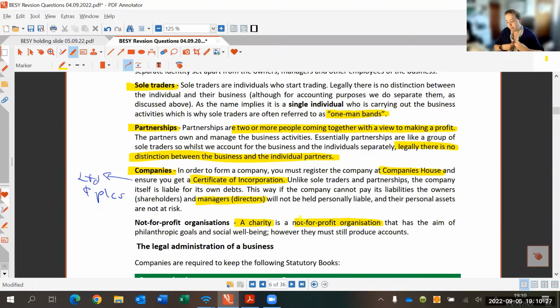I'm sure you're very familiar with what charities do, but their goal is not to make a profit at the end of the day. Any money that they have in excess of their costs, they would look to push out to that greater good. So you may be asked about different types of companies, how they might finance themselves, and we've got a question on that later on, which I will come to.